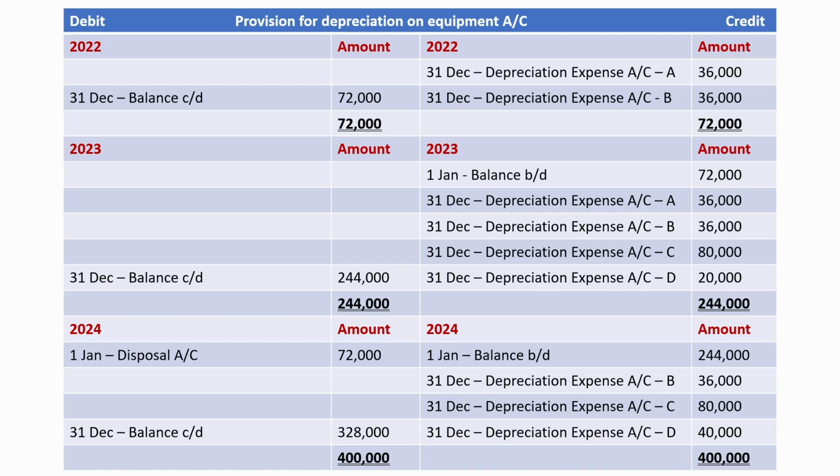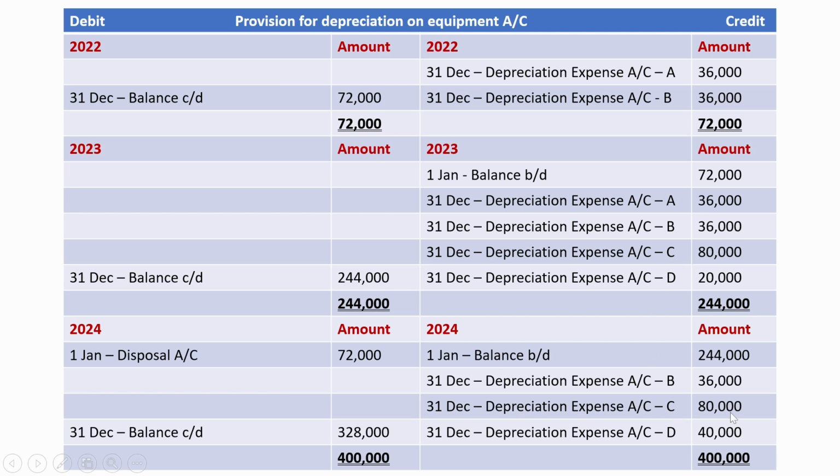So we are left with B, C, and D. And because we are using the straight line method, the figures are not going to change. So we use the same depreciation that we had for B in the previous year, that is 36,000. For C, it was 80,000.